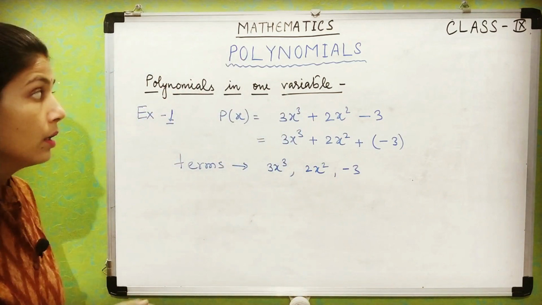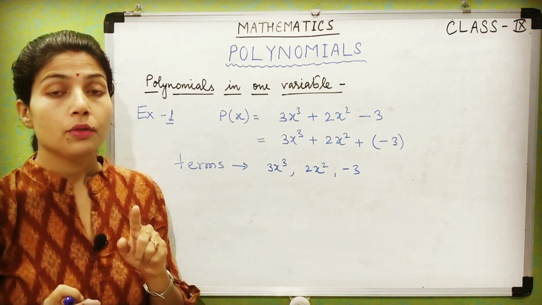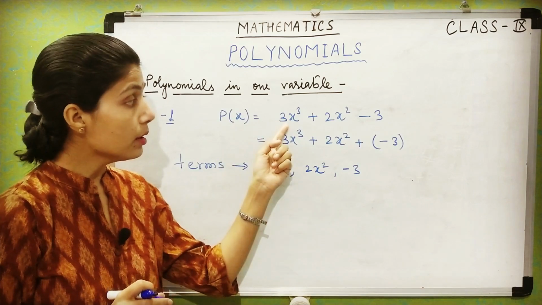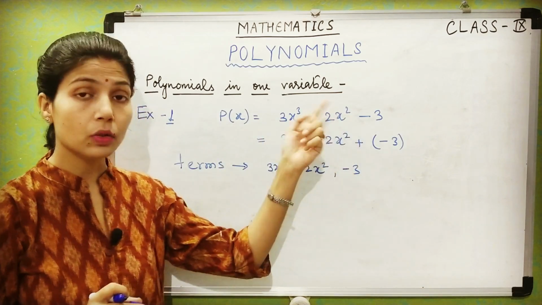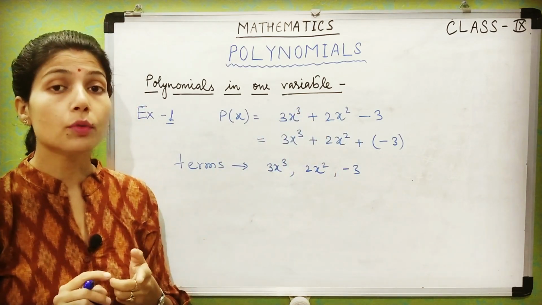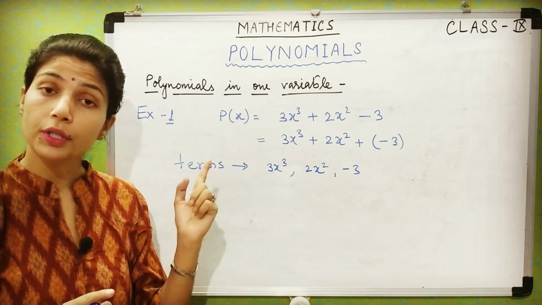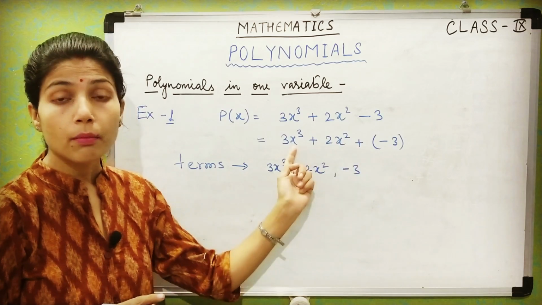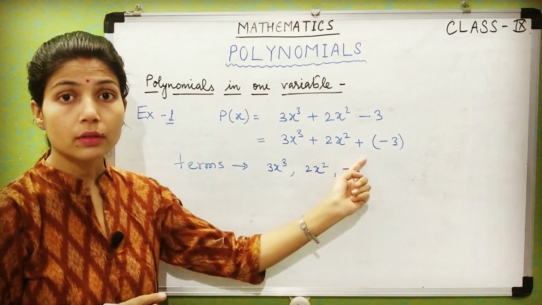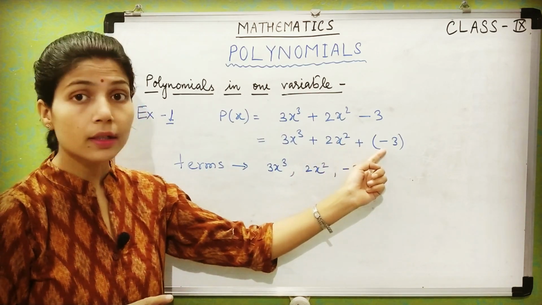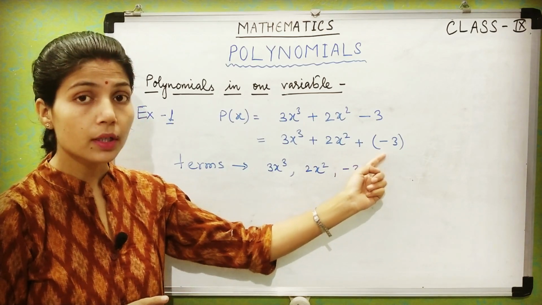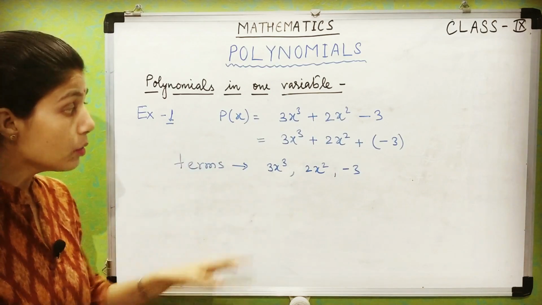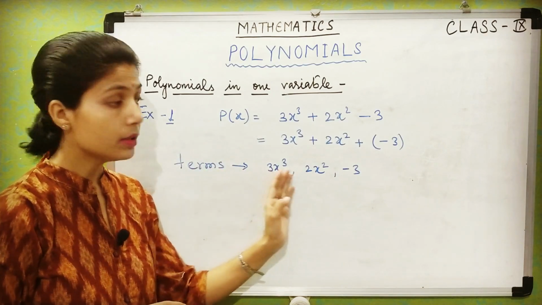One thing you should keep in mind is that if a polynomial has a minus sign, you have to make it in standardized form according to the definition, meaning every sign should be plus addition. Taking that minus sign inside the bracket, only then can you write the terms.